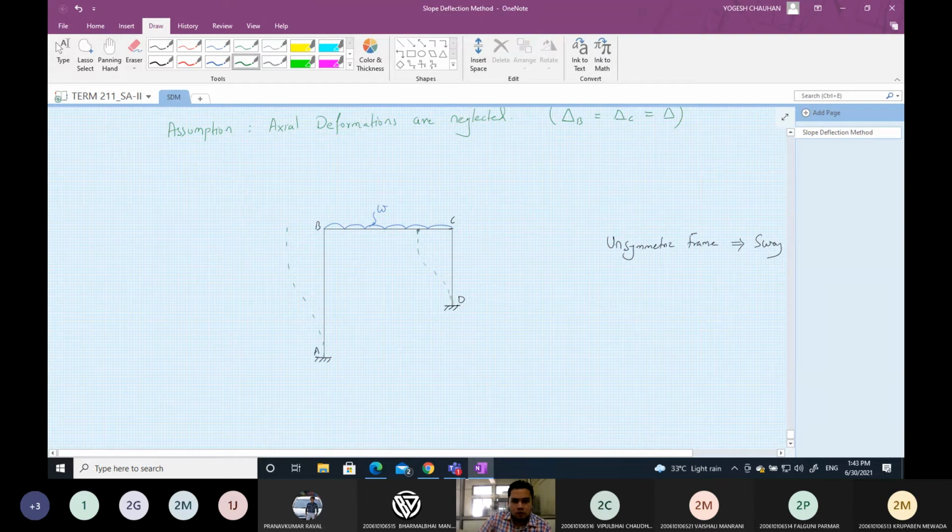Since we are assuming that the axial deformations are neglected, if this is delta B and this is delta C, they both will be equal to delta. So this beam will not deform axially. Whatever the deformation on the left side, the same deformation will be there on the right side.